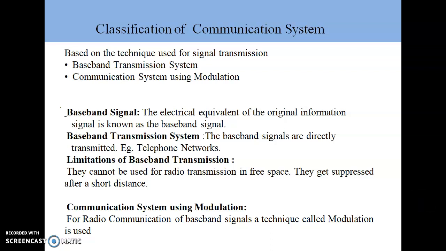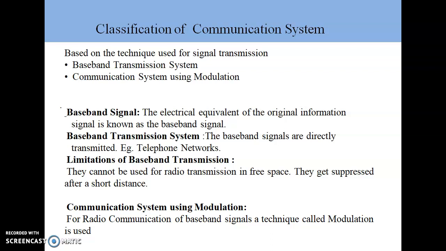That is, when you convert your information signal into an electrical signal, the output which is obtained is the baseband signal. The baseband signals are directly transmitted over your telephone lines as voice is transmitted over the telephone network. And the type of transmission which occurs is baseband transmission system.